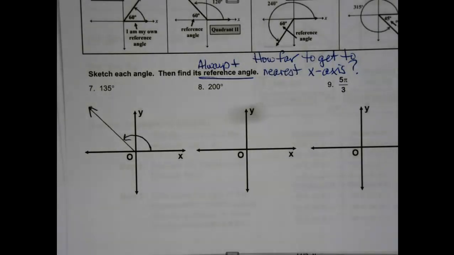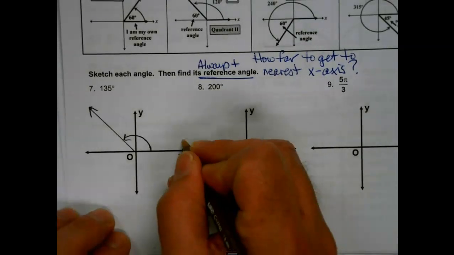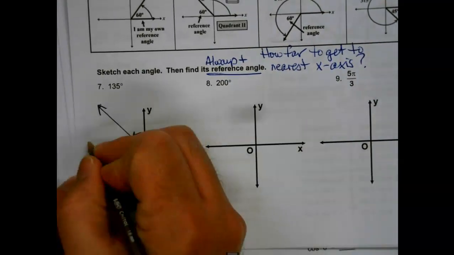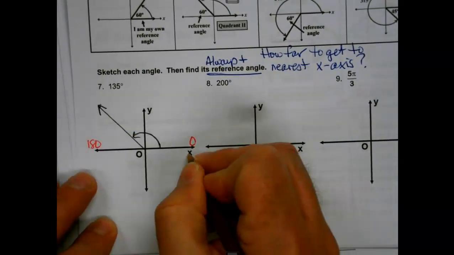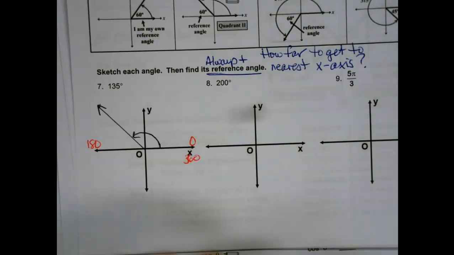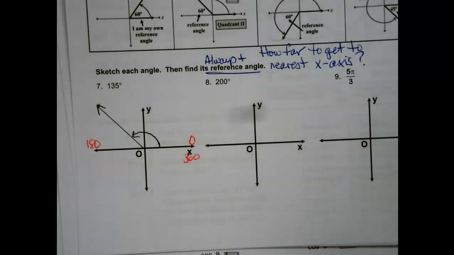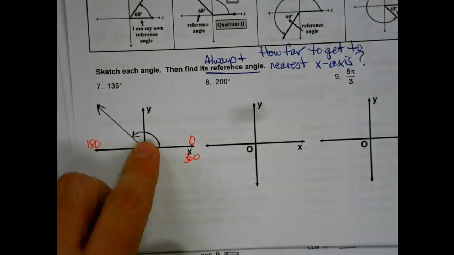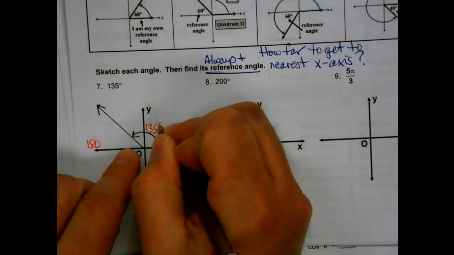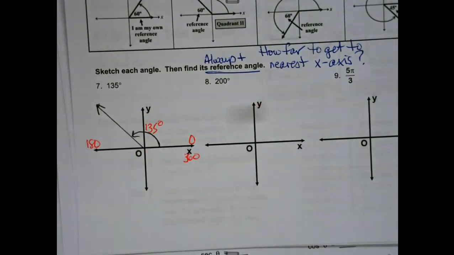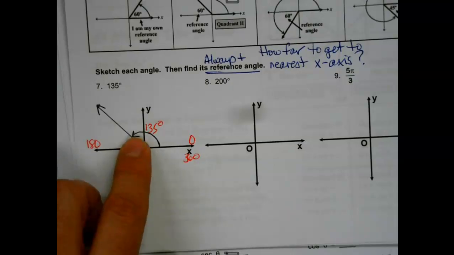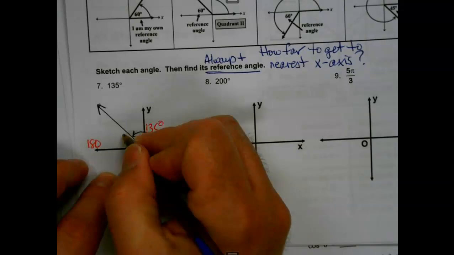So you're like, okay, how do I know how far it is from the nearest x-axis? So, what I like to do, and this is how I don't screw this up, I always like to label my x-axis. I'm like, okay, 0, 180, 360. I'm not going to go further than 360. So right here is 135. So visually, I can look at this and go, okay, if I'm here, here's the nearest x-axis, right?